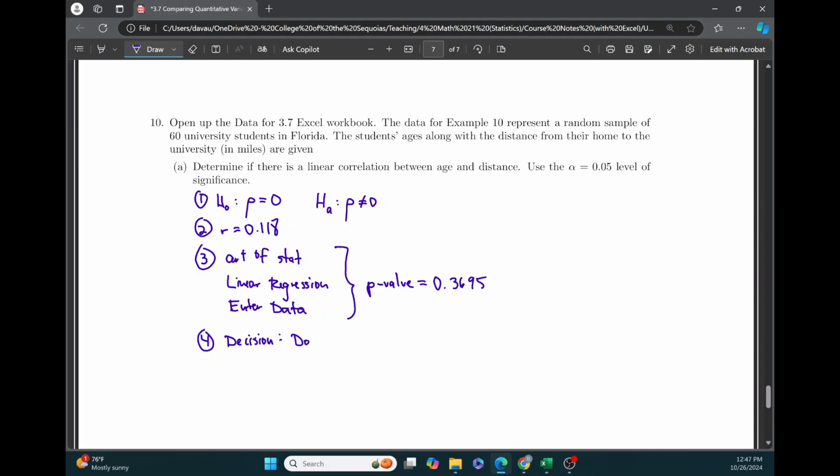So let me write down my reasoning. 0.3695 is not less than 0.05. So do not reject the null hypothesis. Okay.